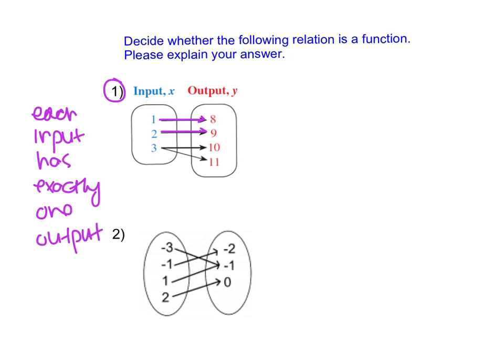Input of 2 goes to 9, good, one output. The input of 3, however, goes to two different outputs, 10 and 11. This is a problem because it doesn't meet the definition of a function. The definition says that each input has exactly one output. Here the input of 3 has two outputs.